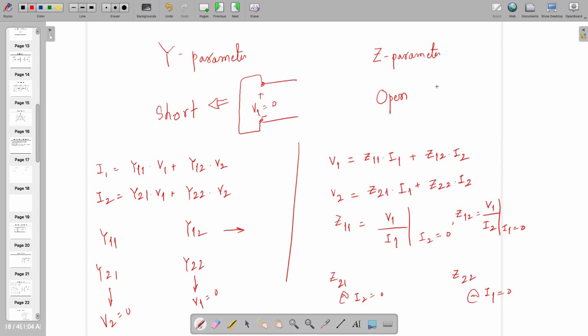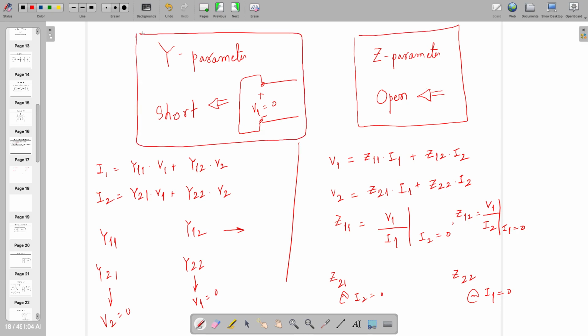And for the other case, you are removing currents, that is, open circuiting the current sources, so you are calling such a parameter an open circuit parameter, right?